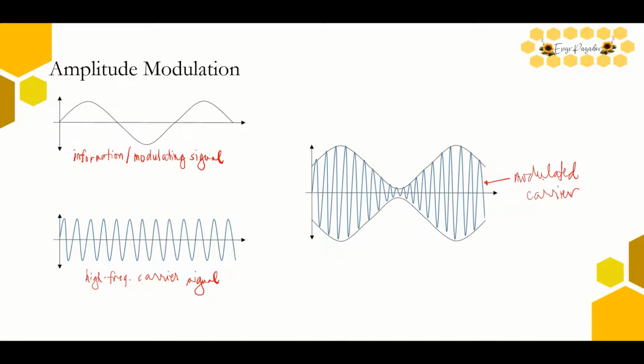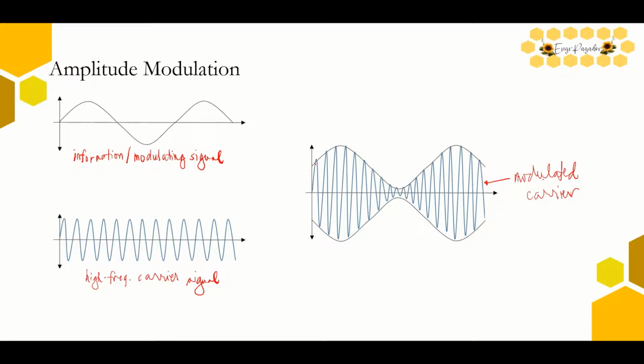So, if you interconnect the positive and the negative peaks of the carrier waveform, ayan, if you trace this one with an imaginary line, then you recreate the exact shape of the modulating information signal.